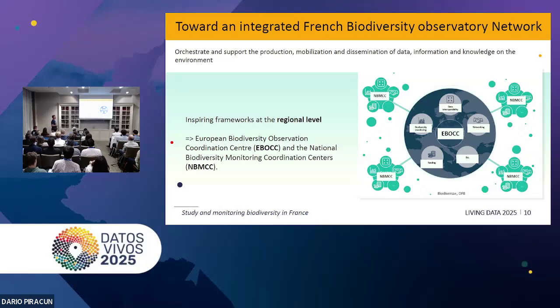So there is the European Biodiversity Observation Coordination Center, which is created in Europe, and we want to also benefit from the creation of the National Biodiversity Monitoring Coordination Centers, so in France and other European countries, to take the opportunity to take part of this regional network from France.